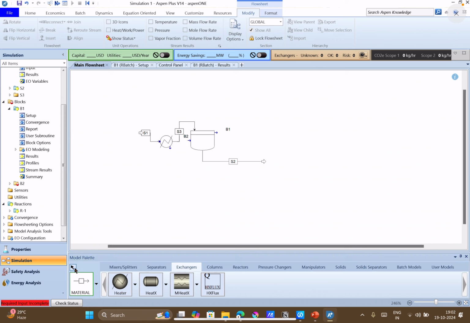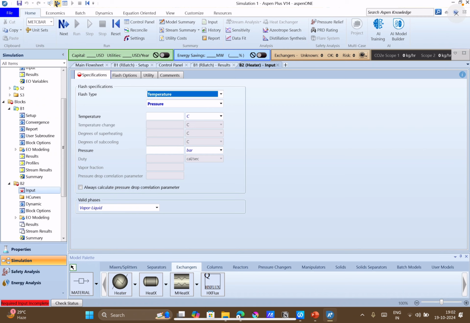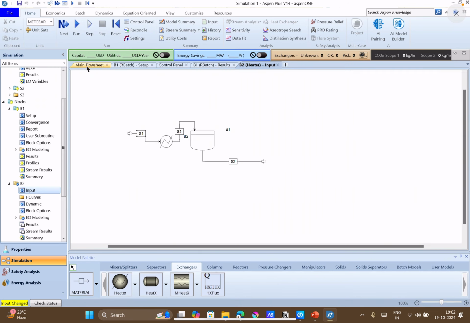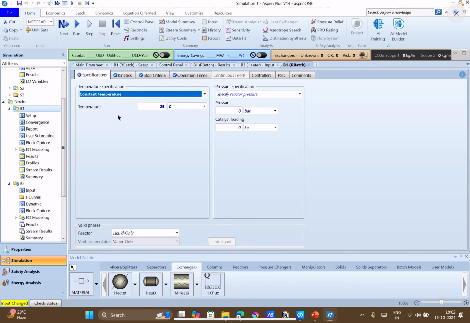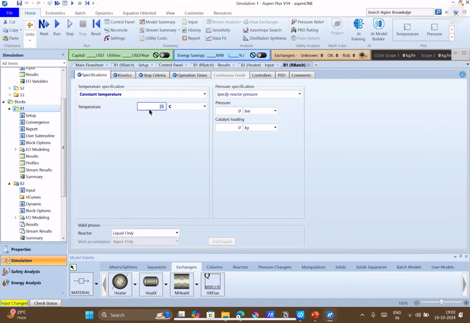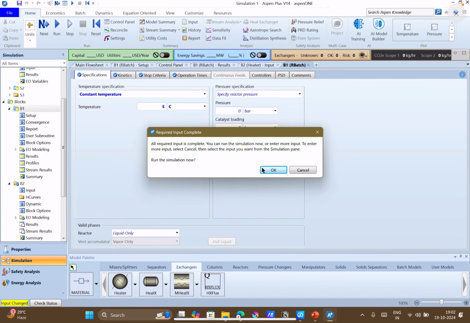Okay, now let's add the specification for this cooler. So block B2, temperature 5 degrees centigrade, no pressure drop. For the reactor also, now the reactor is operating at 5 degrees centigrade, so we have to change that also. Instead of 25, let's select 5. Next, and run the simulation.